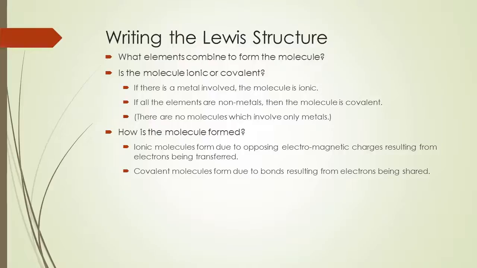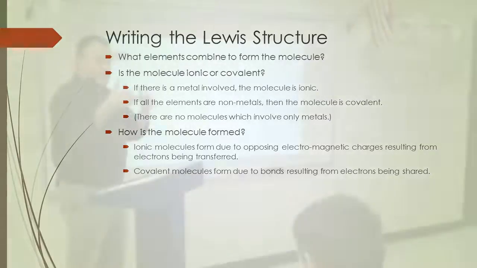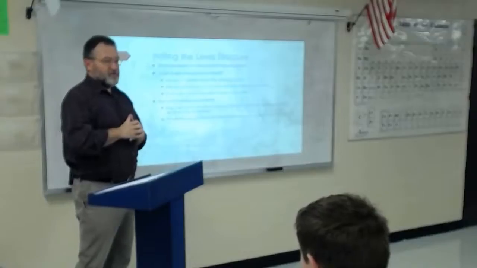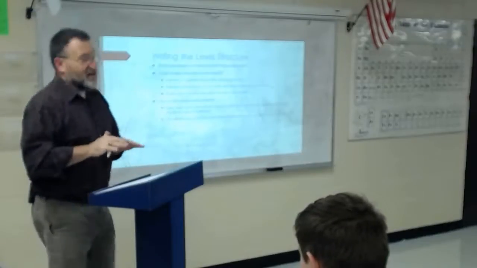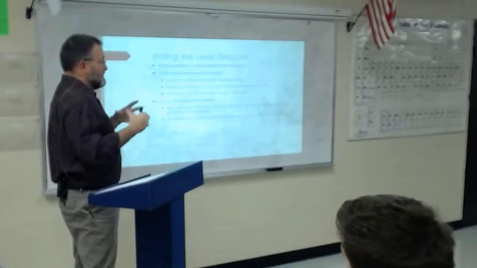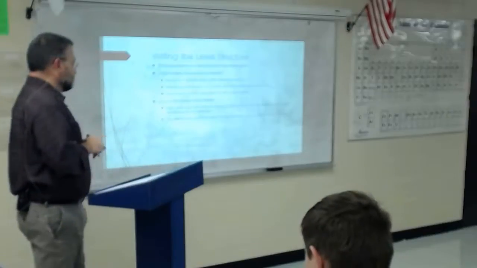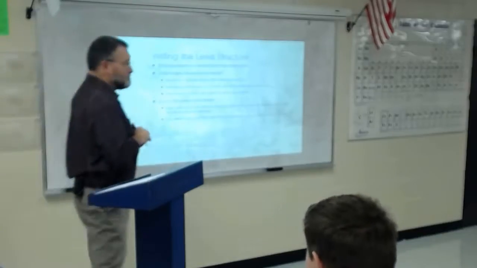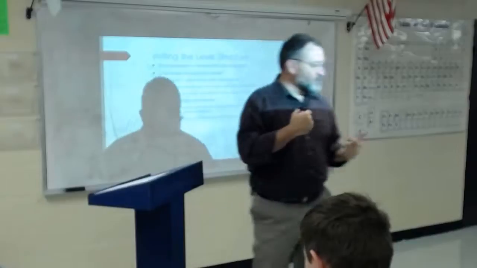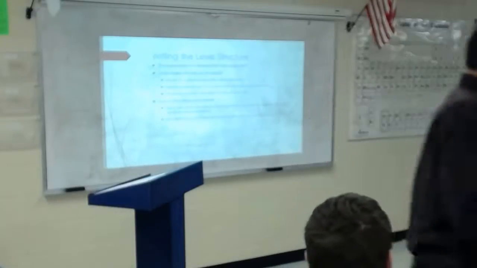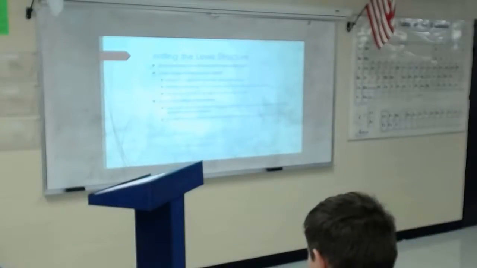Shared electrons are called bonds. Single, double, triple bonds. Covalent molecules only, meaning nonmetals only in the molecule. So those are the questions you have to ask before you even decide whether you're going to draw this with bonds or not. Ask the question, is it ionic or is it covalent?